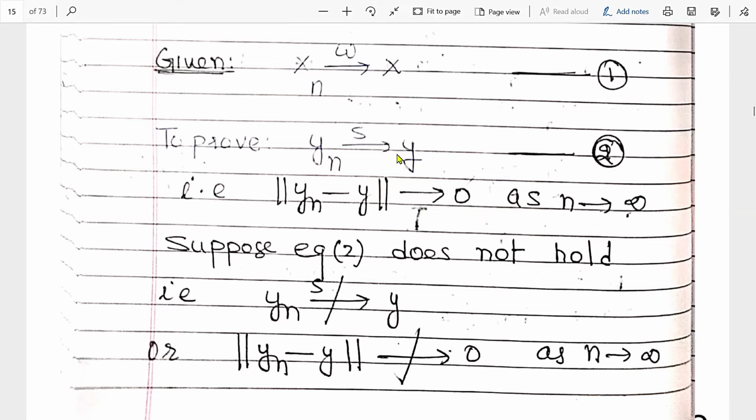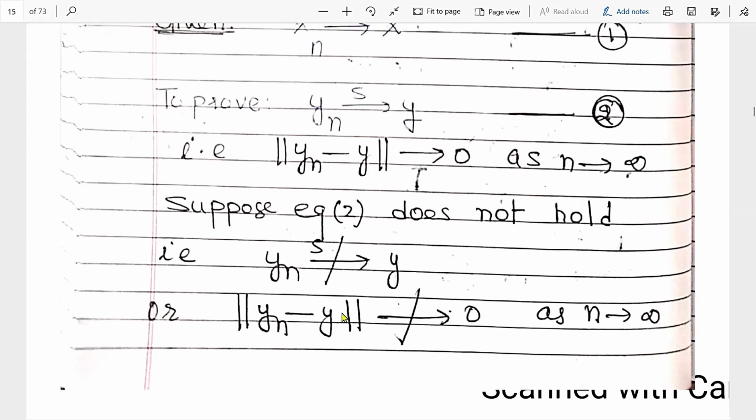Now, in order to prove by contradiction, suppose yn does not strongly converge to y. It means equation number 2 does not hold.